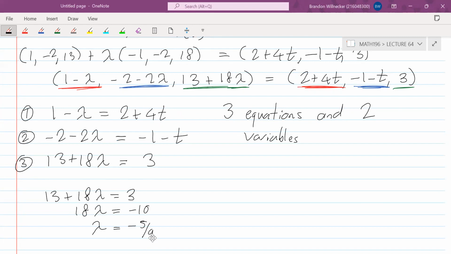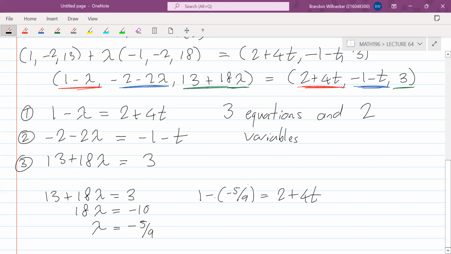What about our t value? You can substitute this into either equation 1 or 2 to solve for t. It doesn't matter which one. So let's substitute it into the first one. So we're going to have 1 minus lambda, that's minus 5/9, is equal to 2 plus 4 times t, which is what we want to solve.